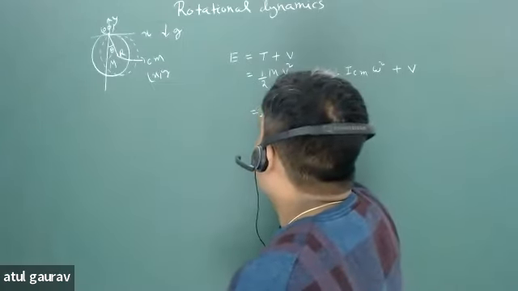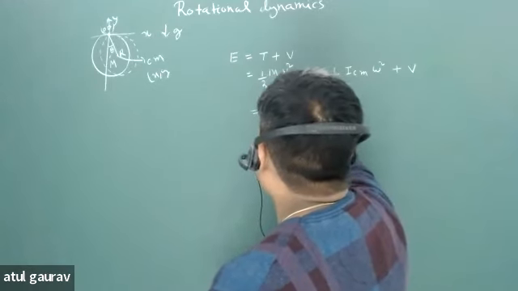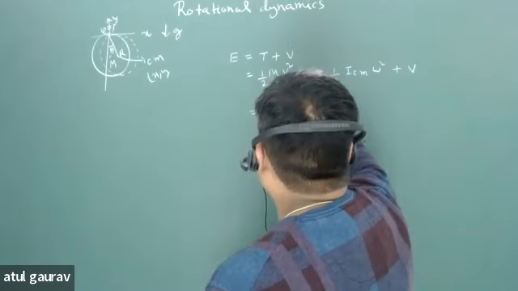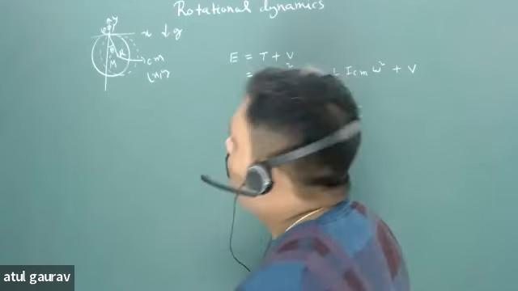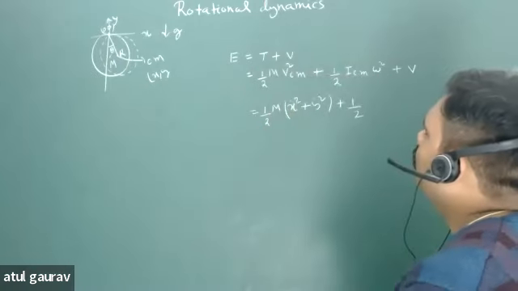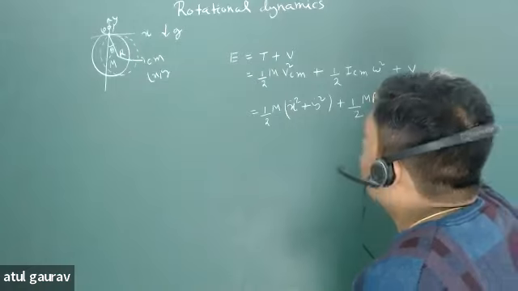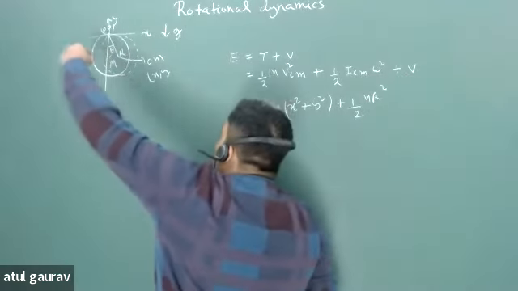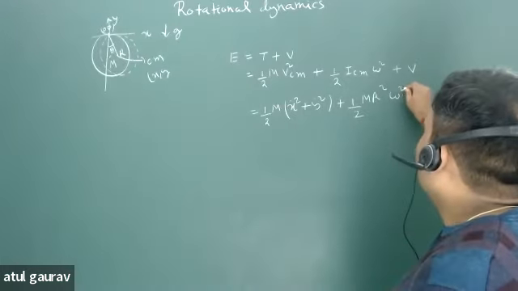So this will be half m (x dot squared plus y dot squared) plus half I_CM omega squared. What is the moment of inertia? For the ring it is obviously m r squared, with the axis being this one, so we use m r squared omega squared.